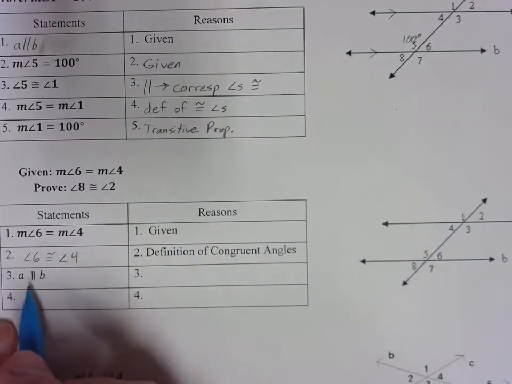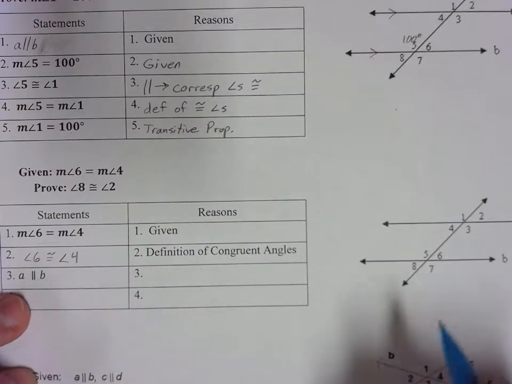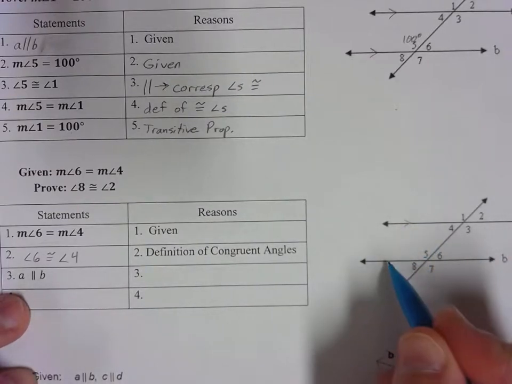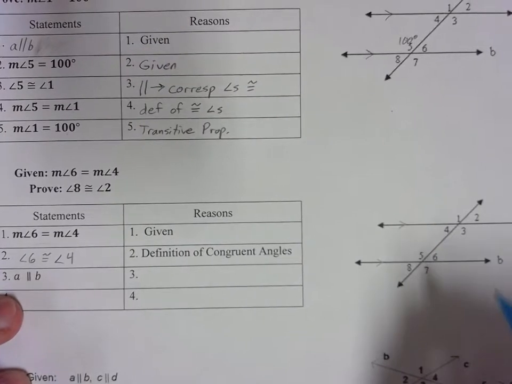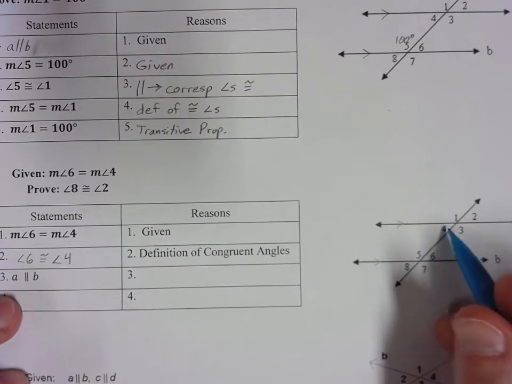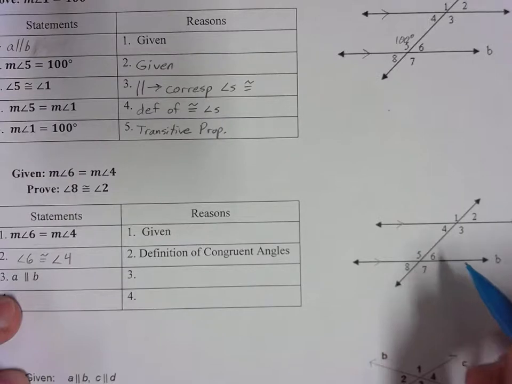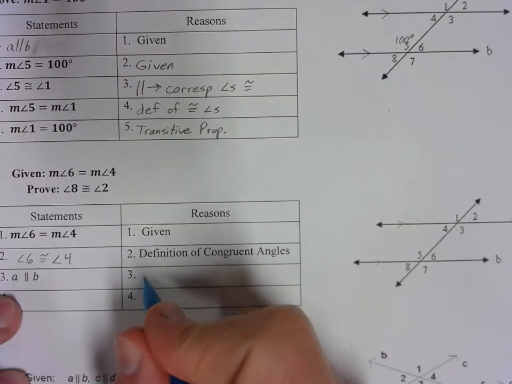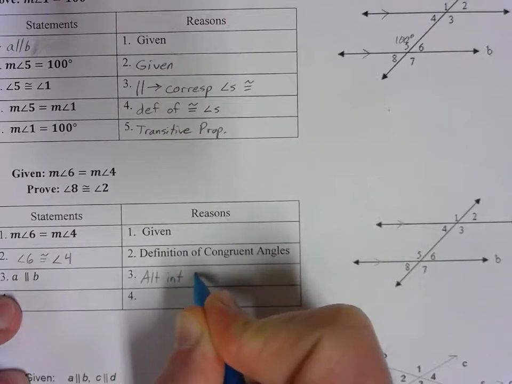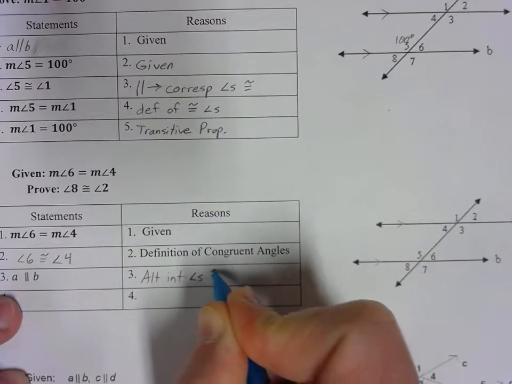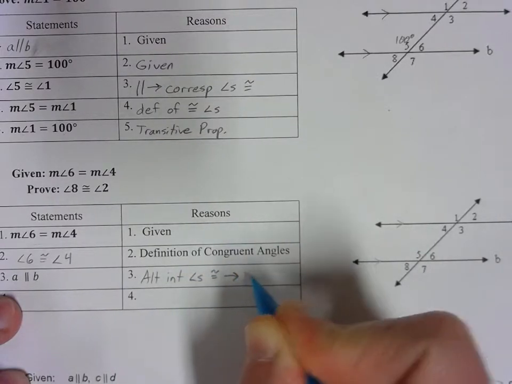Now it says A is parallel to B. Well, I know A is parallel to B because angle 6 and angle 4 are congruent. And so here I knew that the alternate interior angles are congruent, therefore the lines are parallel.